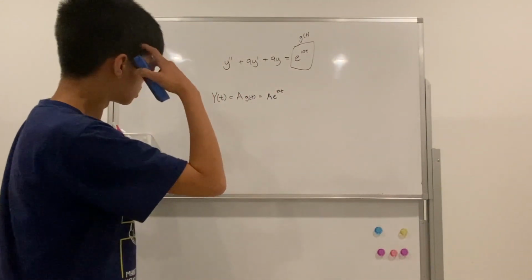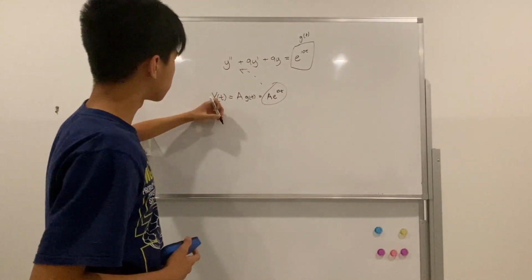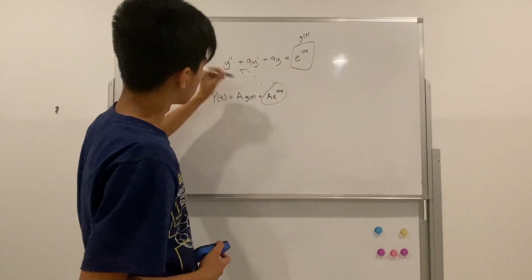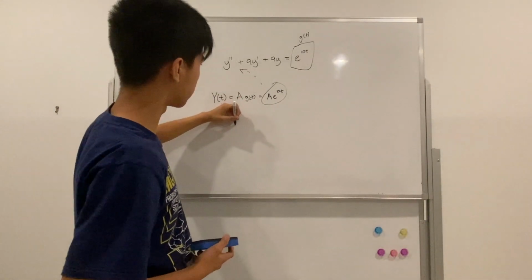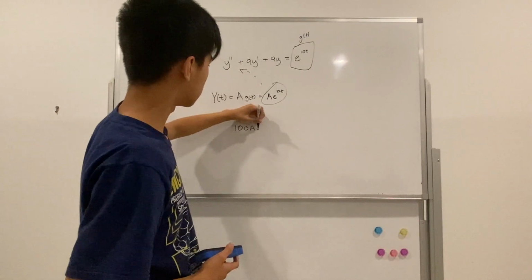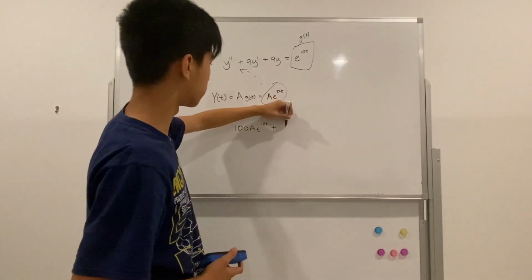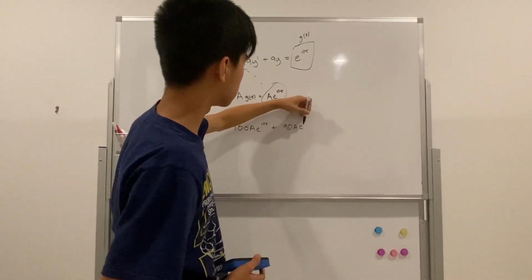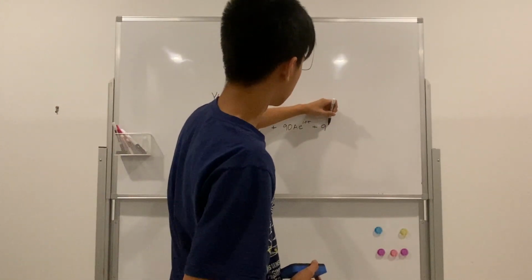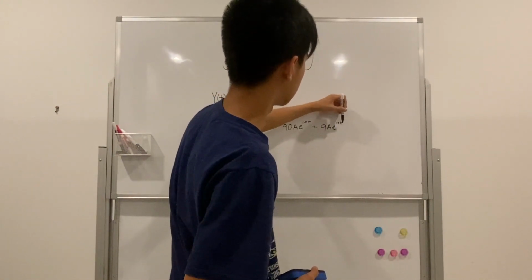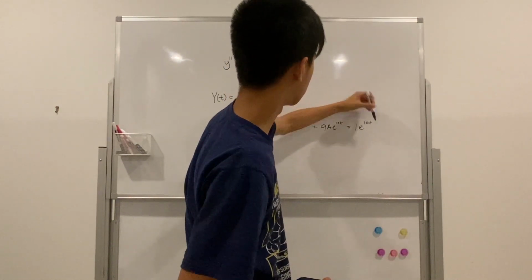The way we're going to do this is we're just going to plug this into y. So A e to the 10t power double prime is 100A e to the 10t power. Then 9 times the first derivative is 90A e to the 10t plus 9A e to the 10t power, and that's equal to 1 e to the 10t.